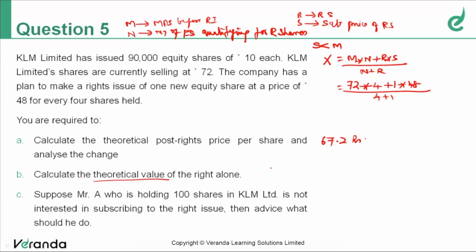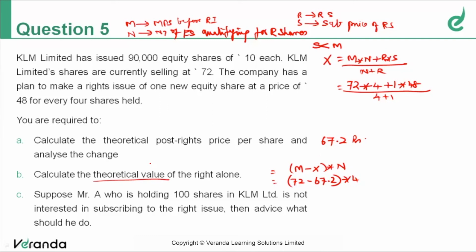So, value of a right is equal to market price minus theoretical rights price multiplied by number of equity shares. 72 rupees price is getting reduced to 67.2 per share, and 4 shares will make one right.